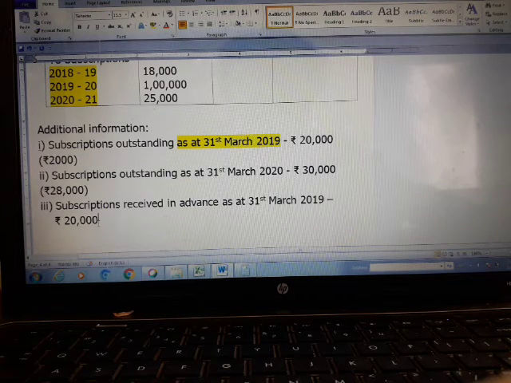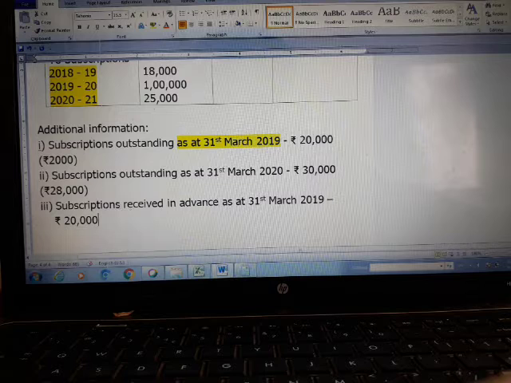Please be careful. When it is given that subscriptions are received in advance as at 31st of March 2019, rupees 20,000, don't just blindly assume that because it is received in advance, it should be subtracted. That is not the case.